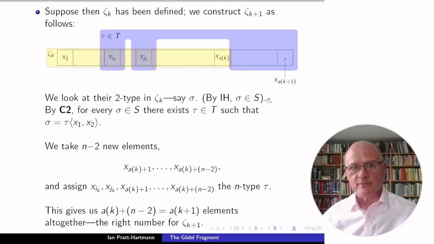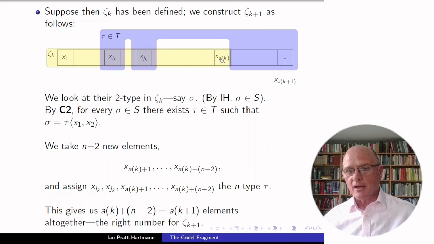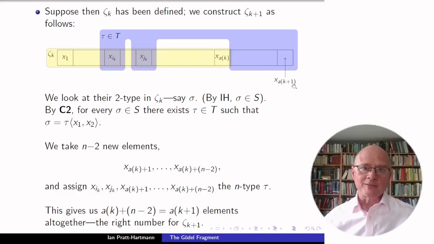Now this blue stuff will be the extra variables featured in zeta k plus 1, and their indices will range from a of k plus 1 all the way up to a of k plus 1.